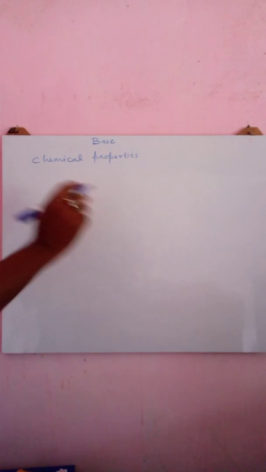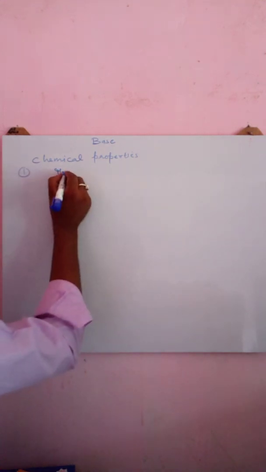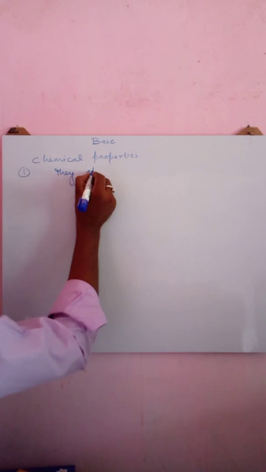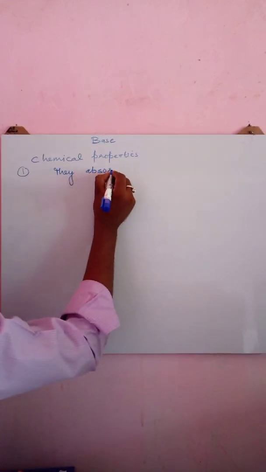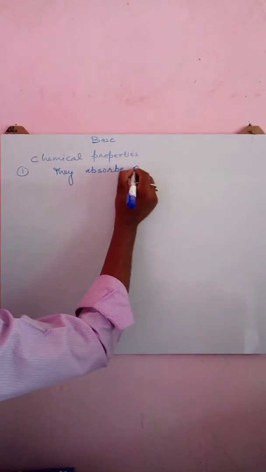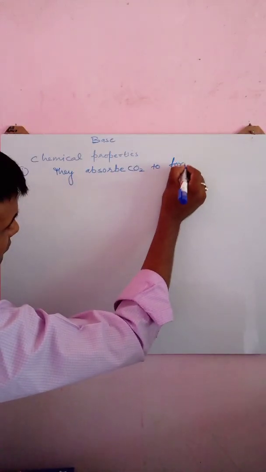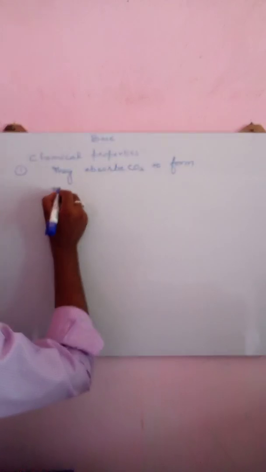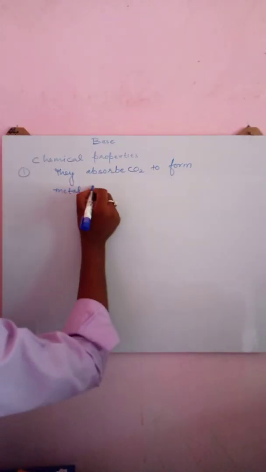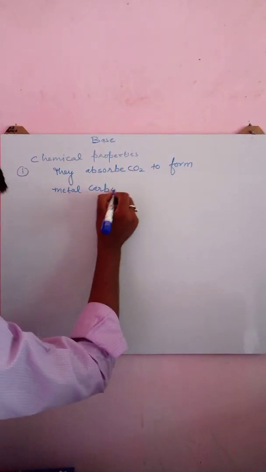So the first chemical property of bases is that they absorb carbon dioxide. They absorb carbon dioxide gas to form metal carbonate, right?